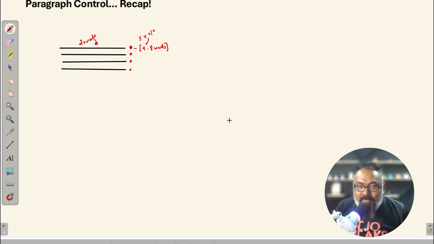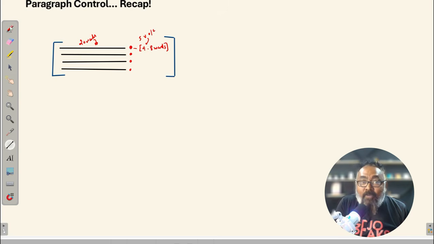Then we learned that when we look at this paragraph as a whole, there will be that one point which is the main point of that particular paragraph. Now, what we learned is that the main point is not picking up something from point 1, going to point 2, going to point 3, going to point 4.